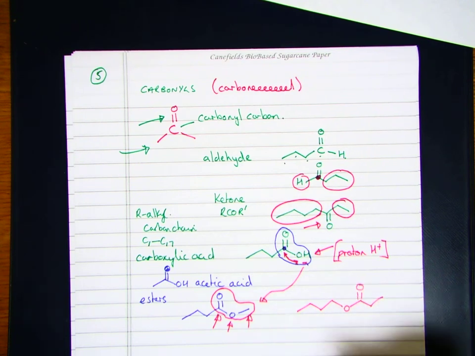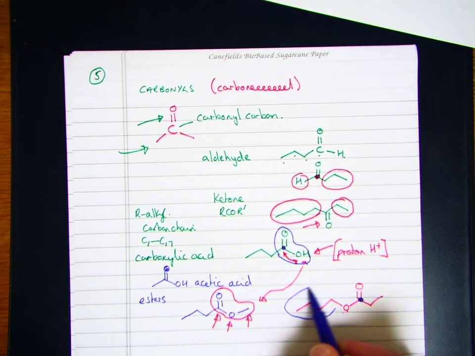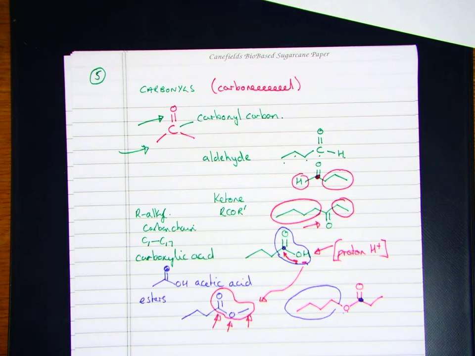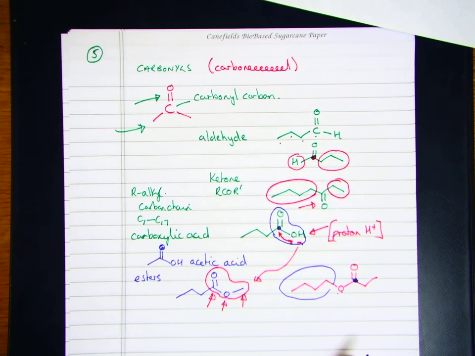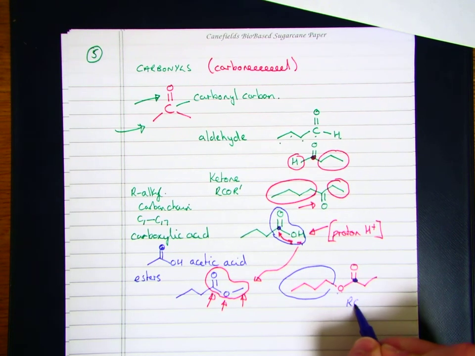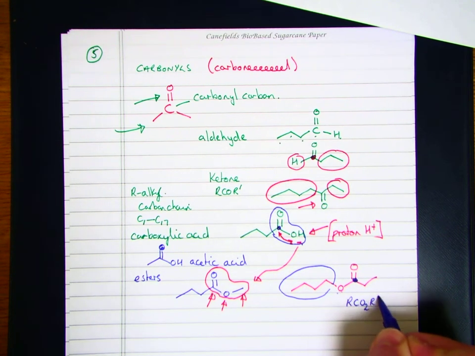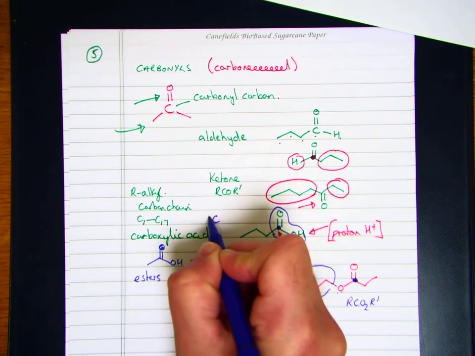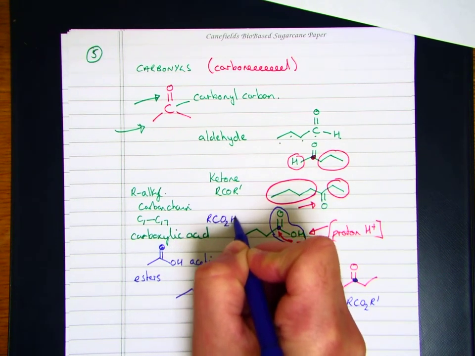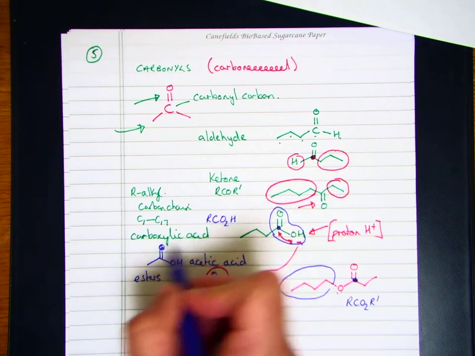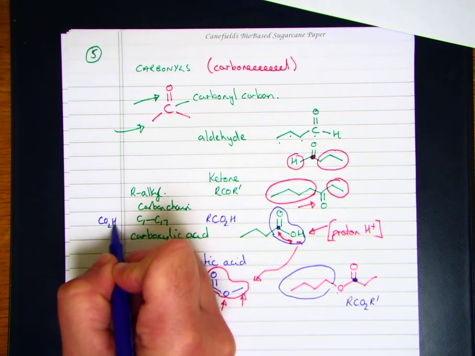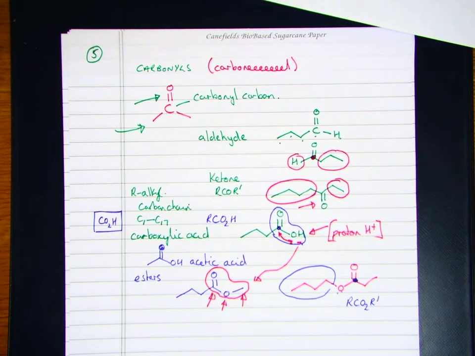The carbon chain can be longer attached to the oxygen as opposed to the carbonyl. You see the carbonyl carbon, oxygen, carbon chain attached. These tend to have pleasant smells. These are the things that plants produce to attract the pollinators. So they're very pleasant smelling. So an ester is going to have the formula CO2R', and an acid is going to have the formula RCO2H. That's an acid. So if you see CO2H, it tends to indicate a carboxylic acid group.